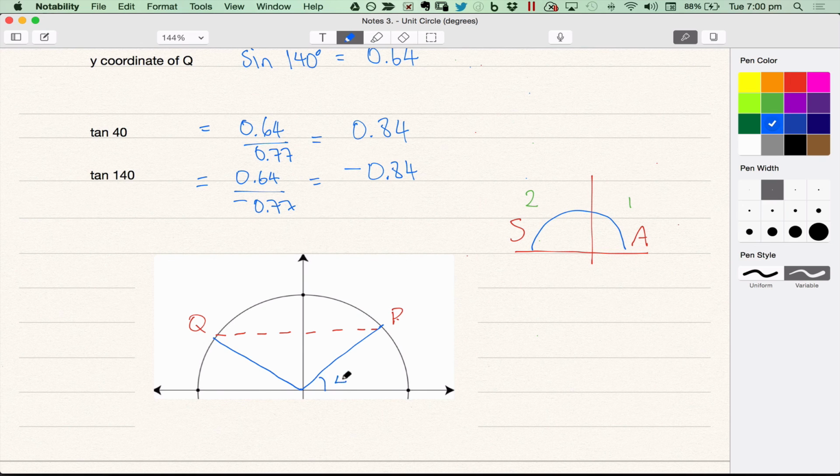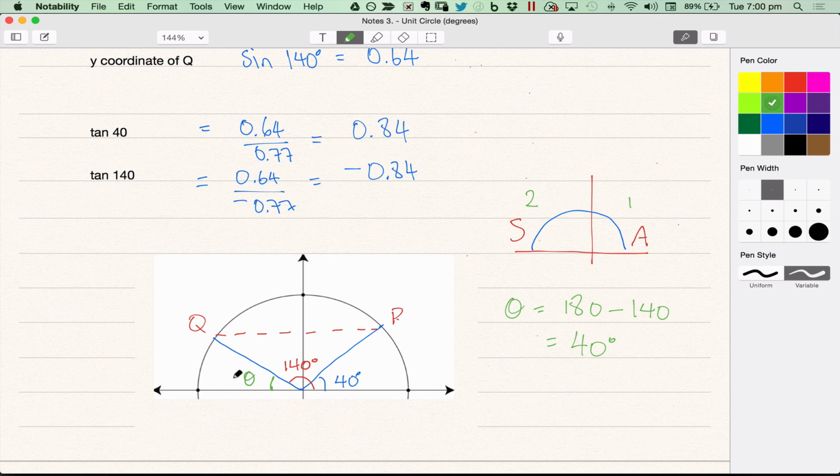When you have 40 degrees here and 140 going all the way around here, we can find this little angle. I'll call that theta, green theta, by doing all the way around here, which is 180, take away this bit, which is 140. So this theta is 40 degrees as well.